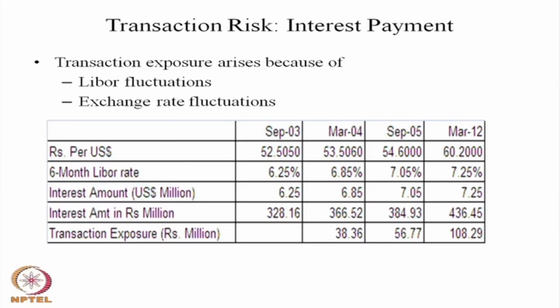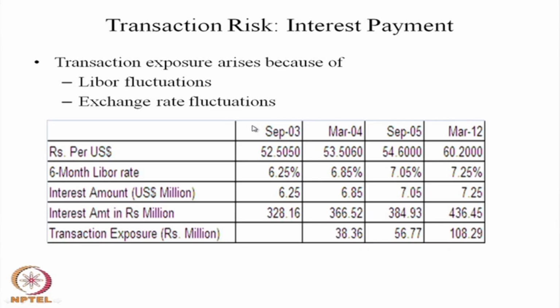Let us come to the interest payment side. Every 6 months he has to repay the interest. Here suppose he borrowed in March. Now every 6 months has come, September 2003, the rupee is at 52.5050, and LIBOR is 6.25 percentage.